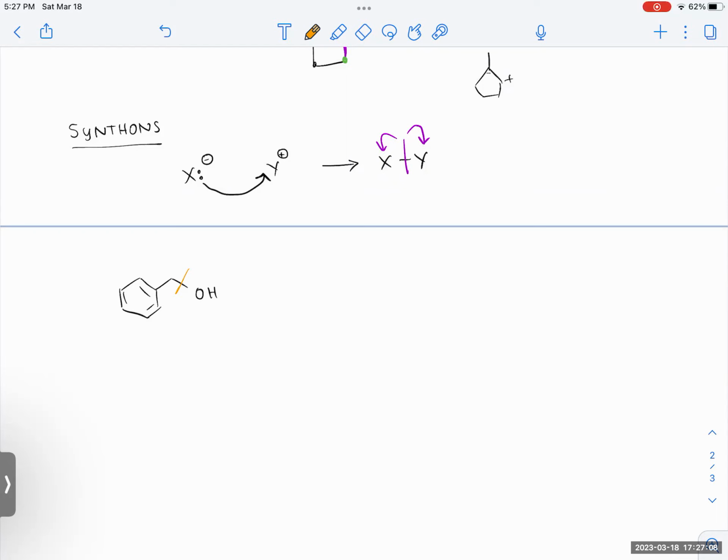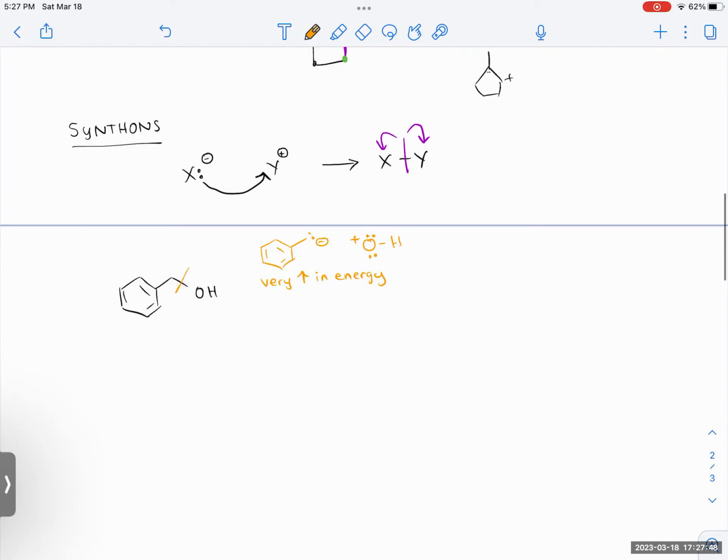Let's try sticking the electrons on here. And then oxygen has a positive charge. So that's not really going to work because this is very high in energy. And it's just not going to work putting a leaving group on oxygen because it's not really going to react with anything that way.